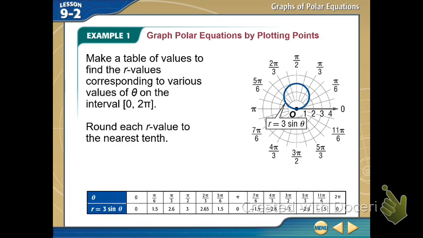So we would make a table. But if this is the axis of symmetry, then the only table that I really need to make is I just need to find the values between 0 and pi over 2. And then we'll notice that everything is reflecting over that. So like here are my values between 0 and pi over 2. And then notice that these values are just reflections.